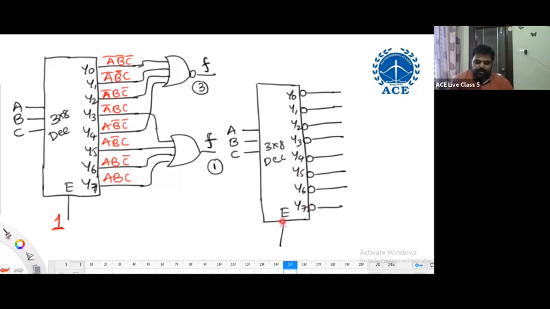Right. In this, what is the outputs we have? E A bar, B bar, C bar, whole bar, E A bar, B bar, C whole bar, so and so E A B C whole bar.